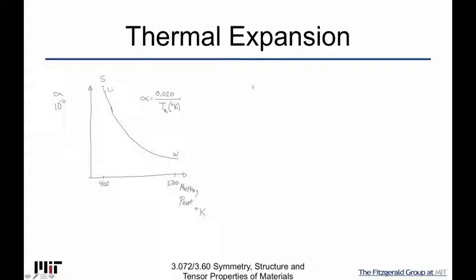For compounds, those are materials made up of elements. But compounds, ionic compounds, remember we have to keep on looking at different ones, but if we look at ionic compounds, you see a very similar curve, and in that case, alpha equals 0.038 over Tm.